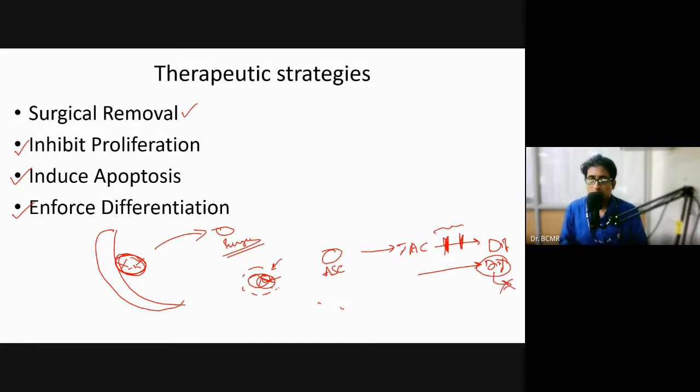Because of these blocks in maturation, they remain undifferentiated, immature cells. If we can somehow prevent these blocks, then they would undergo differentiation, and they will undergo the normal process of lifespan and then death. That is the other strategy. Trying to remove these blocks by some mechanism, so that the cell can differentiate or be forced to differentiate and then die out.